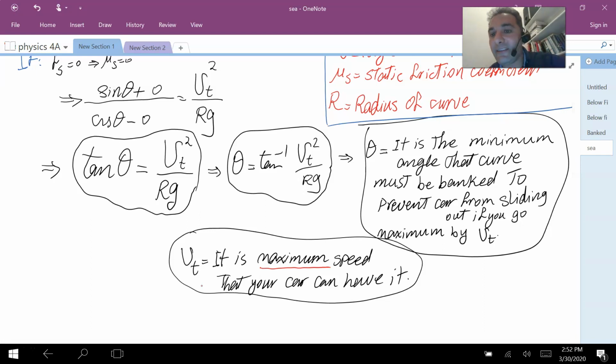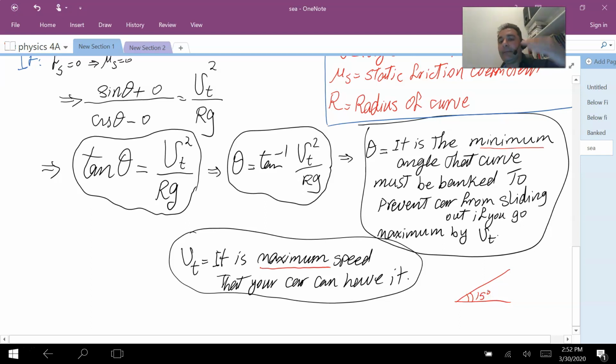Look at here. What is theta? It's the minimum angle that the curve must be banked. For example, if your curve is like 15 degrees, you are allowed to go, let's say, 40 miles per hour.